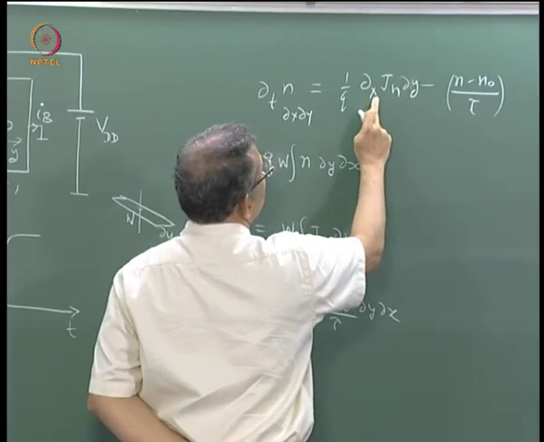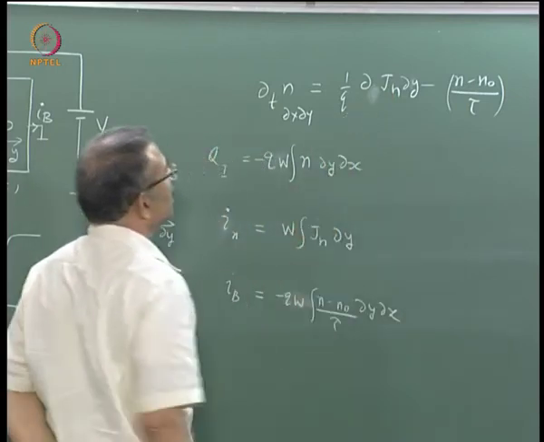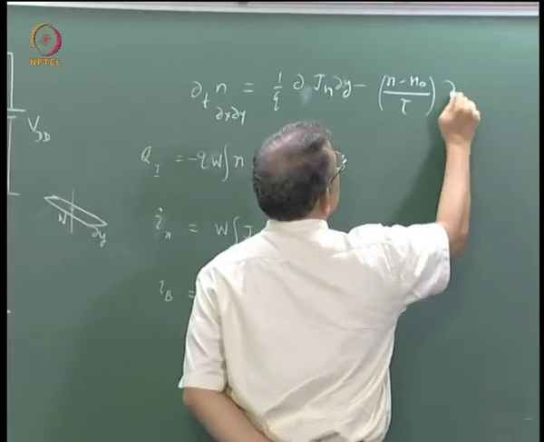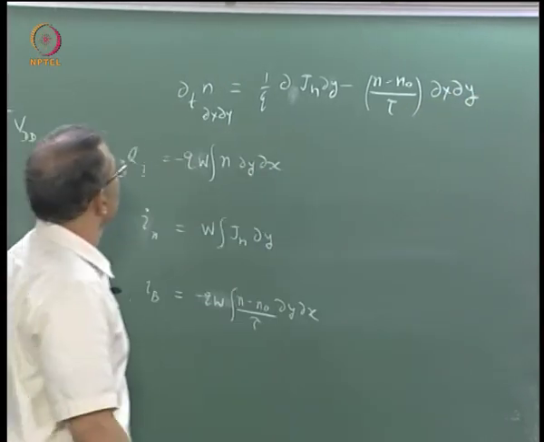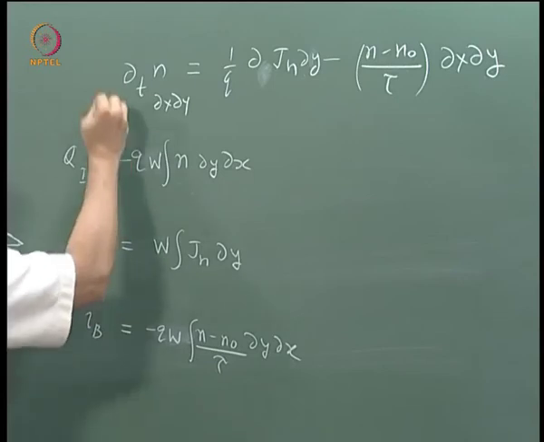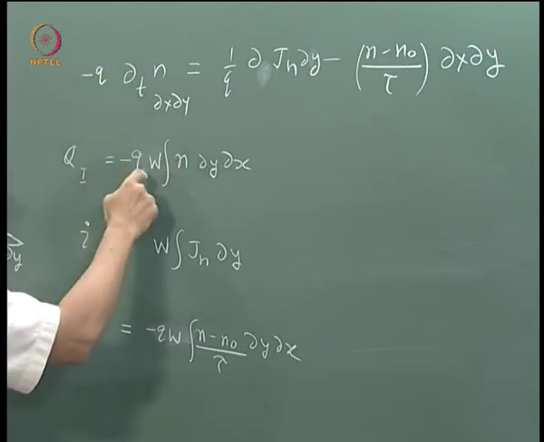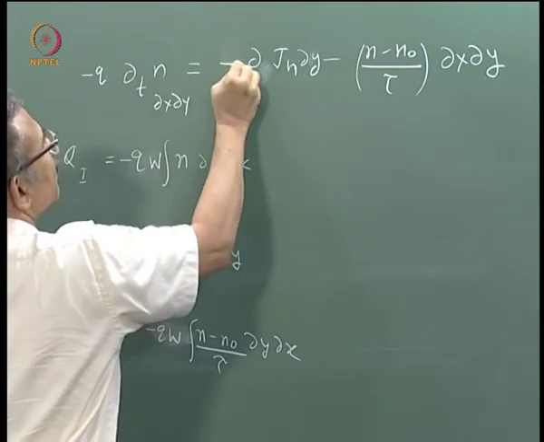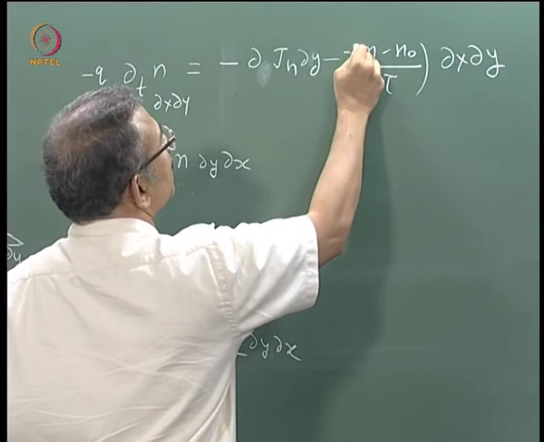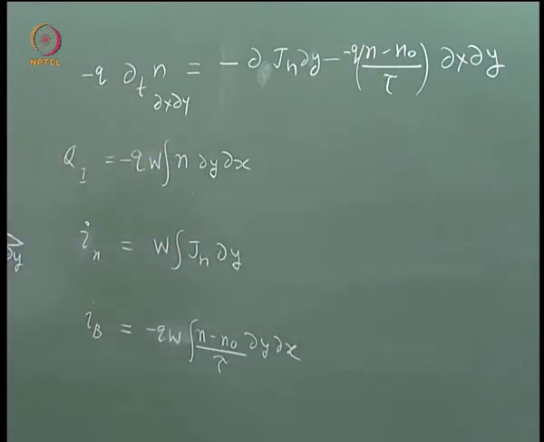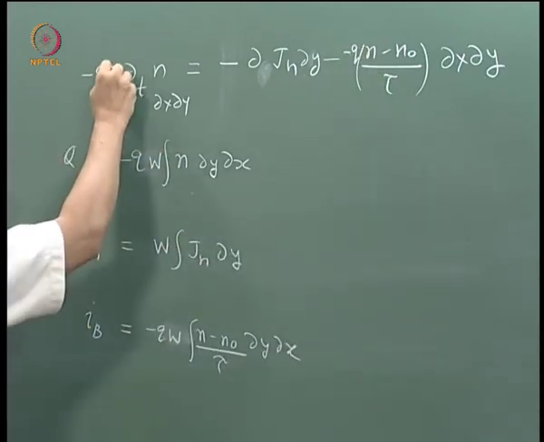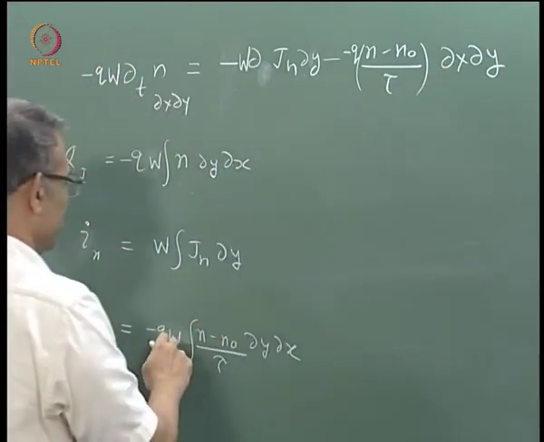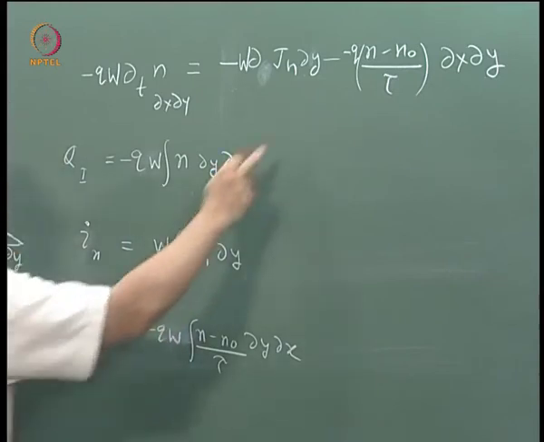Now this is ∂/∂x, so the ∂x has been brought here, and I multiply this by ∂x ∂y. Then I multiply by minus q, because I have to get minus q here. If I multiply by minus q, this q goes away, you get a minus sign, and multiply by minus q here. Then I multiply by W, I have to get W here. So that gives you a W here, and this W that you require here.